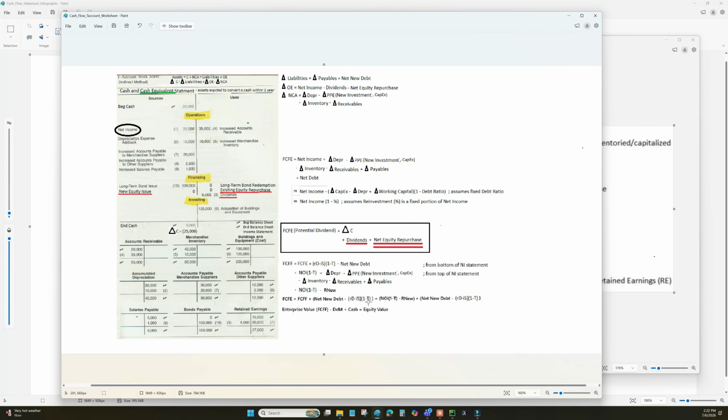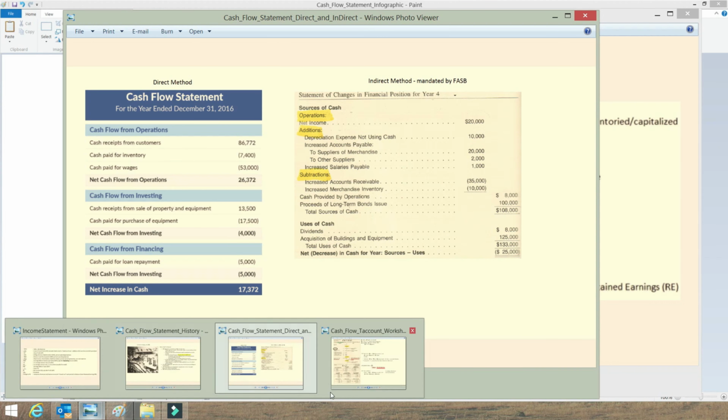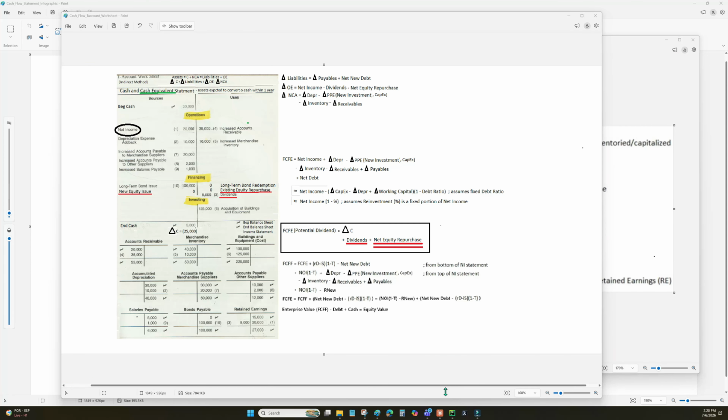Now, one thing I want to point out is, going back to the format of the actual statement itself, you notice here that it does list sources and uses of cash, but inside the sources of cash it shows additions and subtractions for operations. This reflects changes in working capital that highlights the difference between net income and cash flow.